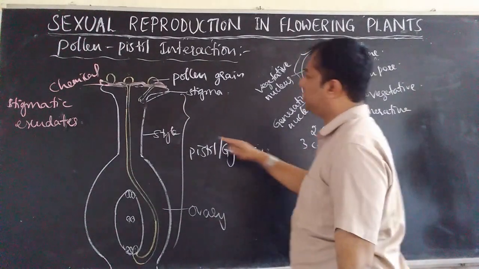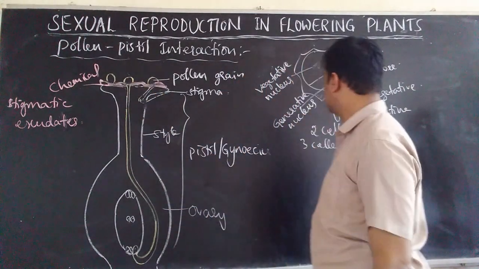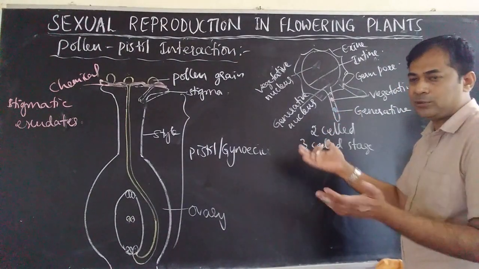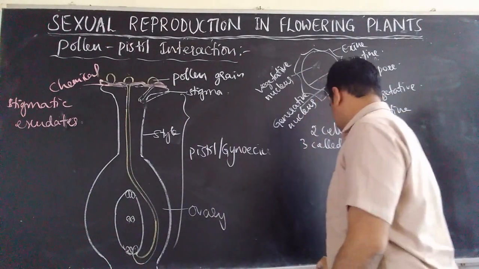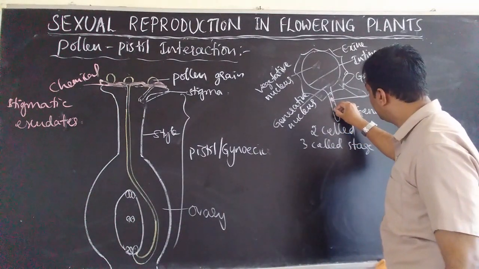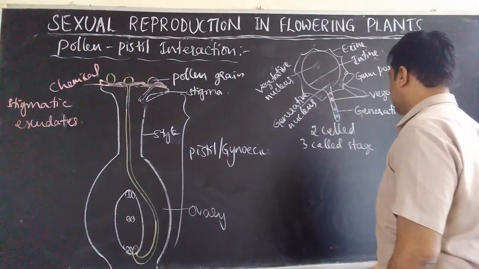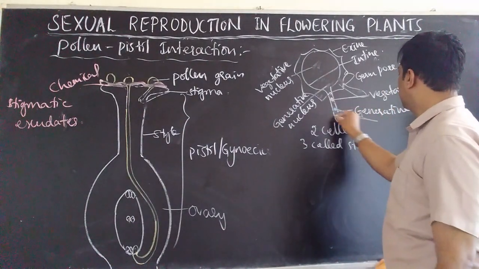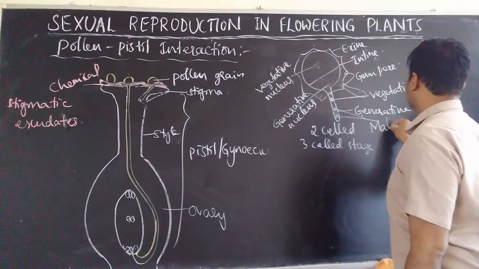Once this pollen tube is produced here, what happens? Again, this generative nucleus will divide into two, like this. Let us see. This generative nucleus will divide into two nuclei. So these two nuclei are nothing but male gametes.